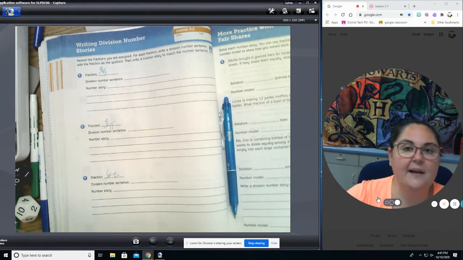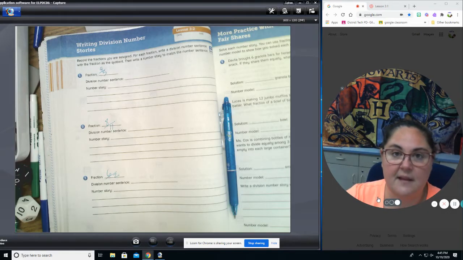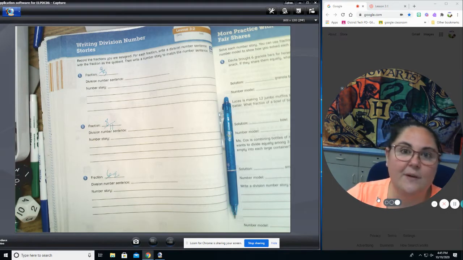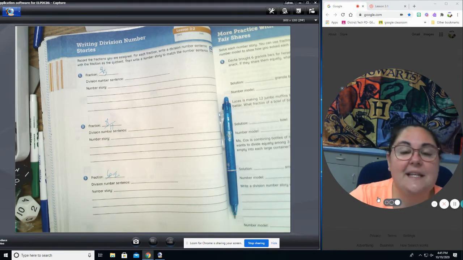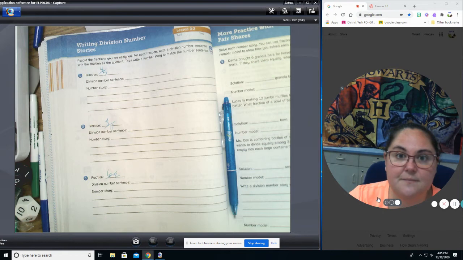So if my answer is going to be 4/5, that means I need something that you can have a fraction of, right? It wouldn't make sense to say I have 4 kids and I'm dividing them by 5 parents, because can you really have 4/5 of a person? No. So here's my biggest hint with these number story problems. Use food. Food is the easiest thing that you can use on these problems.